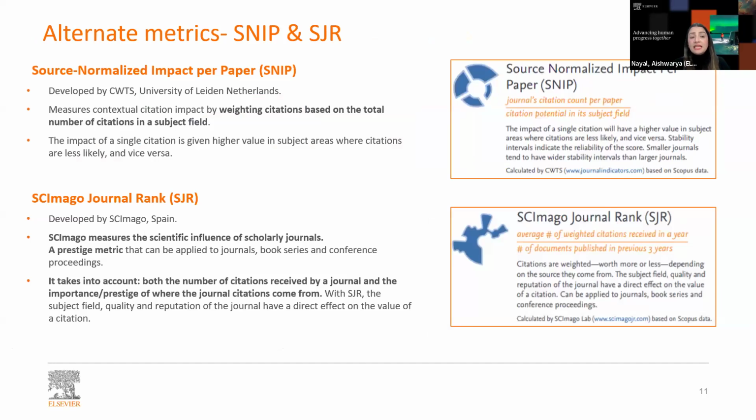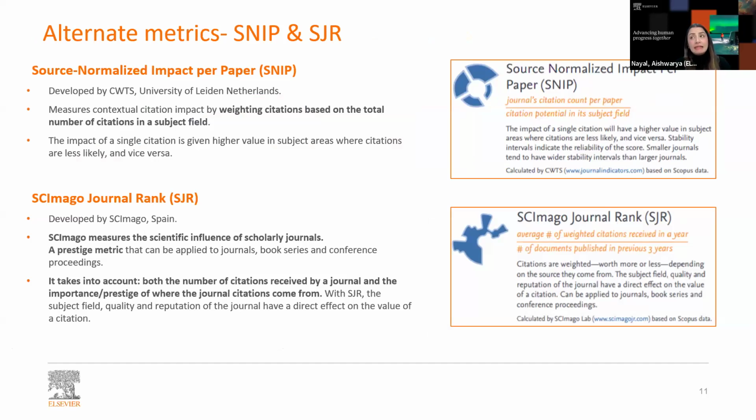Then the next metric is SNIP, Source Normalized Impact per Paper. What SNIP does is normalize the subject area. So now you can compare a medicine journal with a mathematics journal. But this is, I would say, more relevant in the case of a journal which is publishing multidisciplinary content. The next is SJR, that is Scimago Journal Rank.